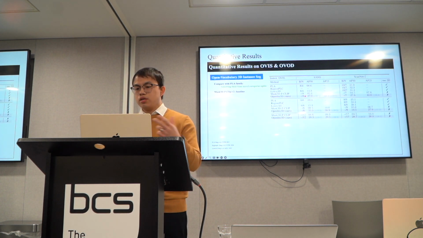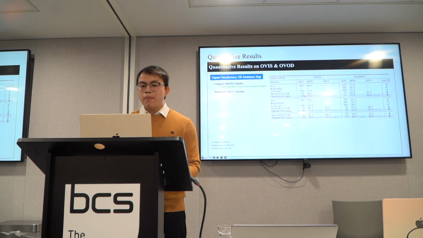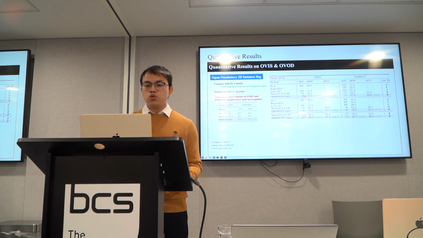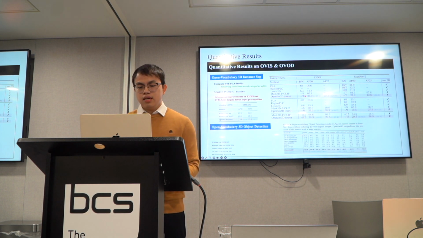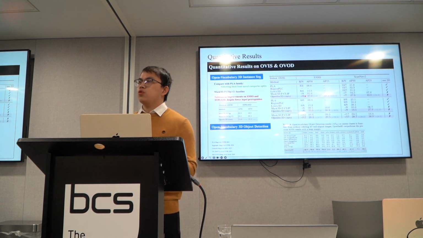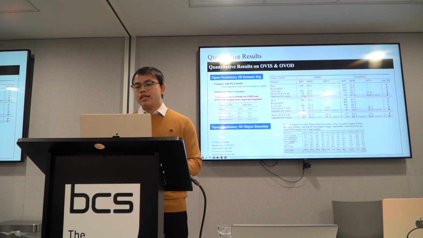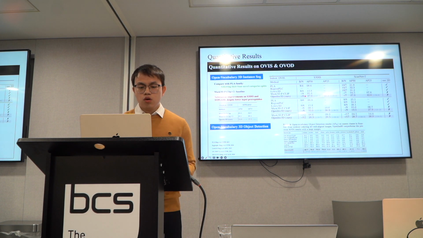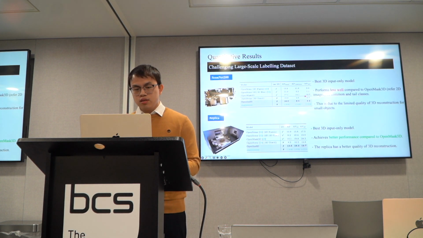Also, compared to other methods on open-world 3D instance segmentation, we show quite a lot of improvements, including on indoor and outdoor datasets. And if we convert the instance masks to objects, we also achieve state-of-the-art results with a large margin compared to other object detection works.